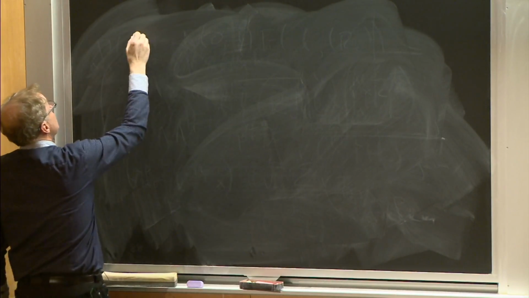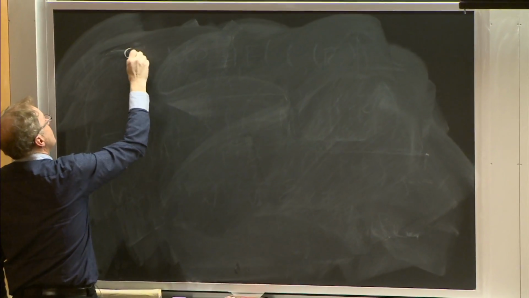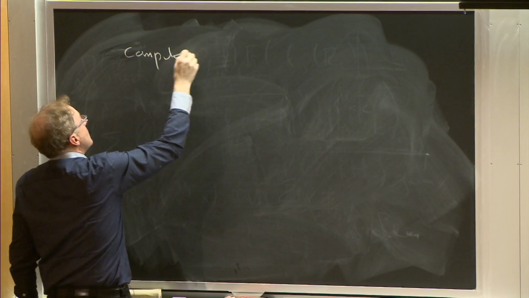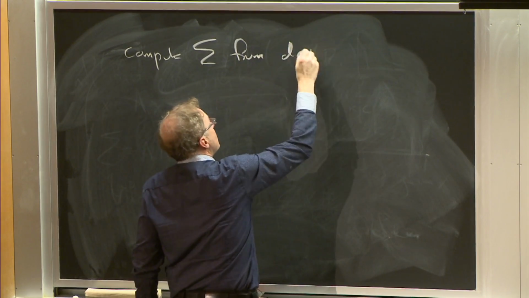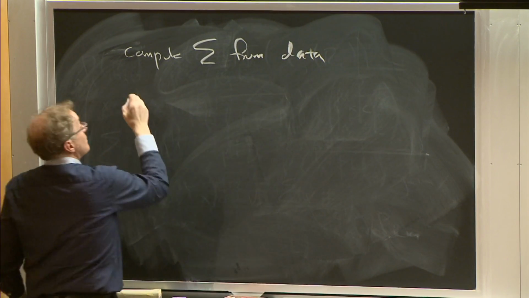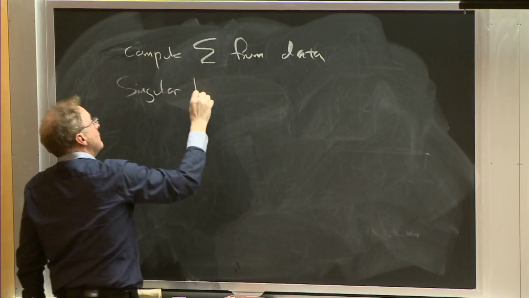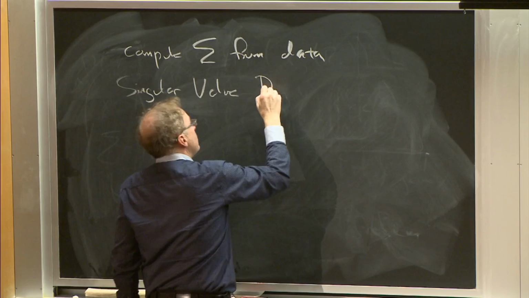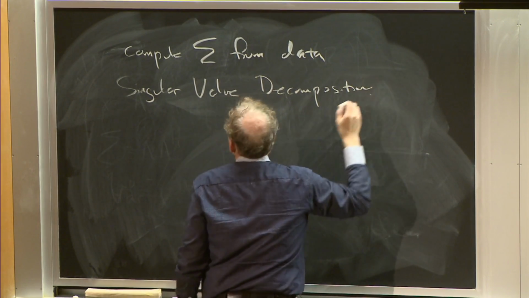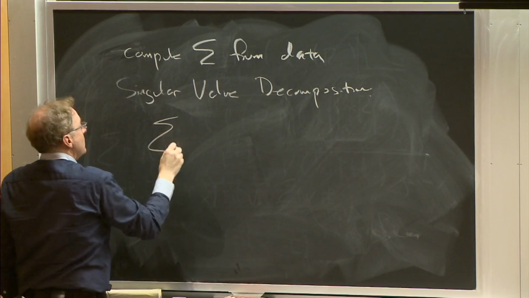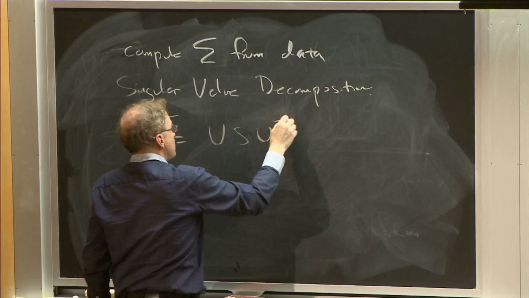So we compute sigma from the data, and then we do a singular value decomposition, such that sigma is equal to U S Q transpose.